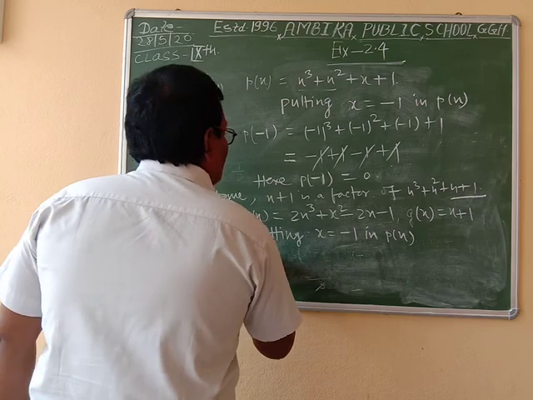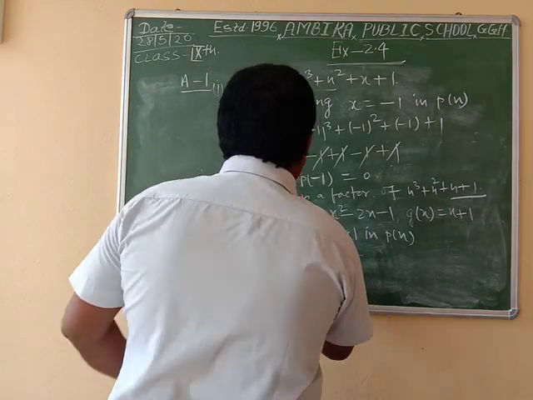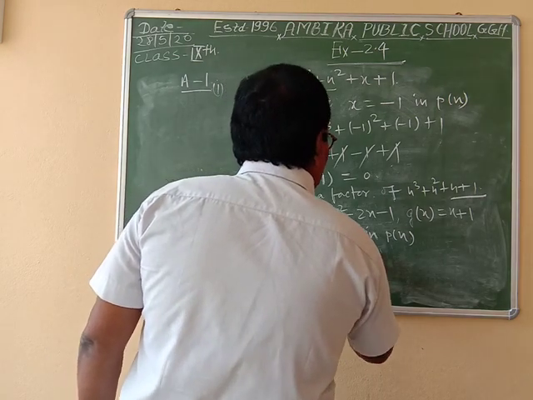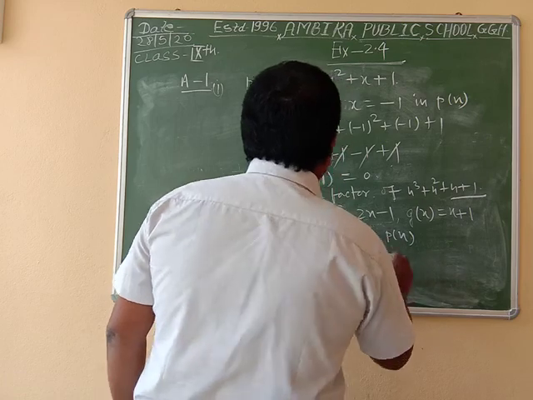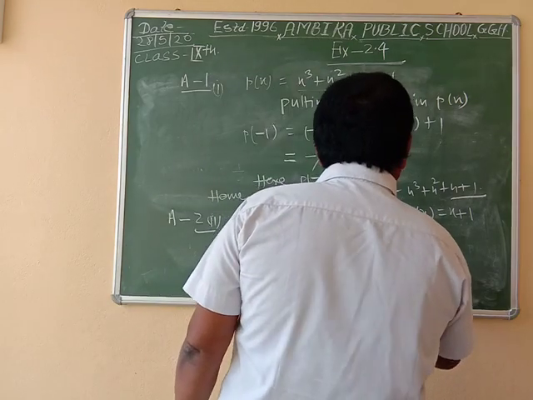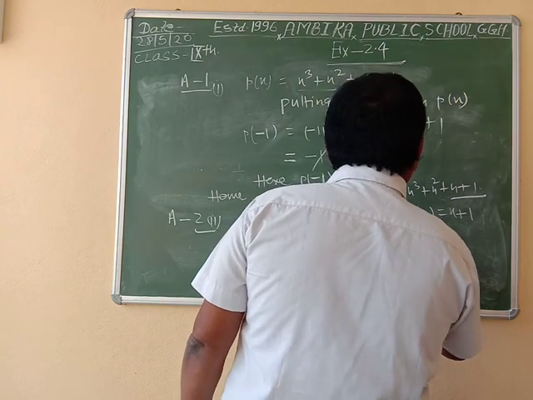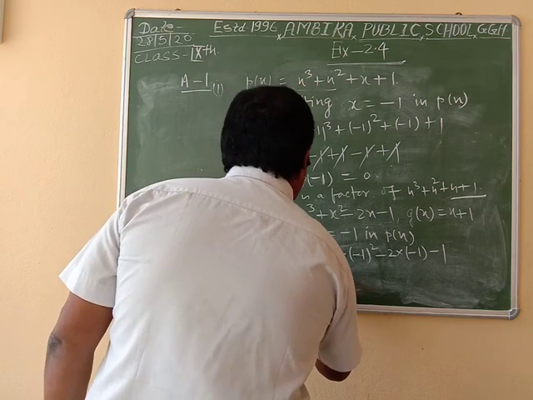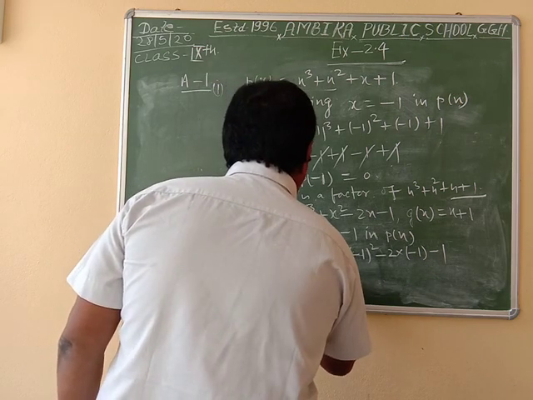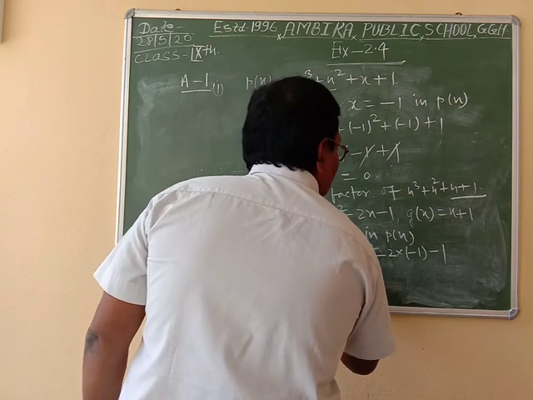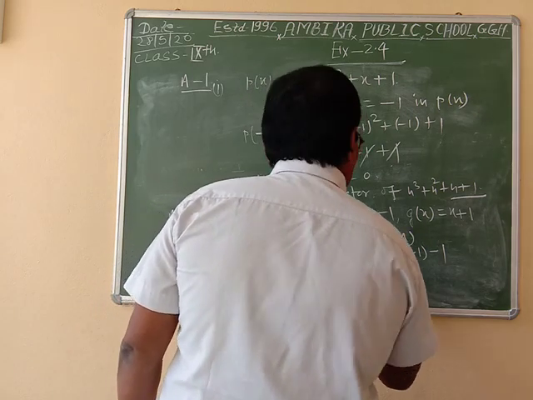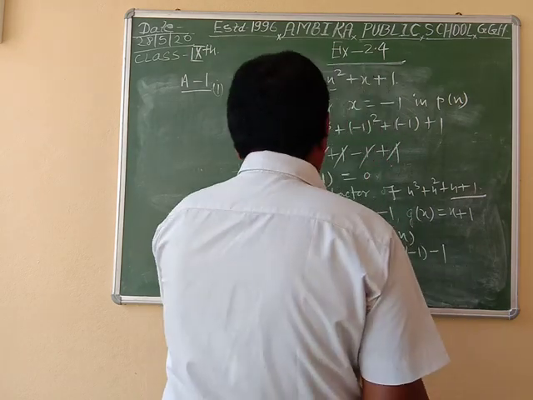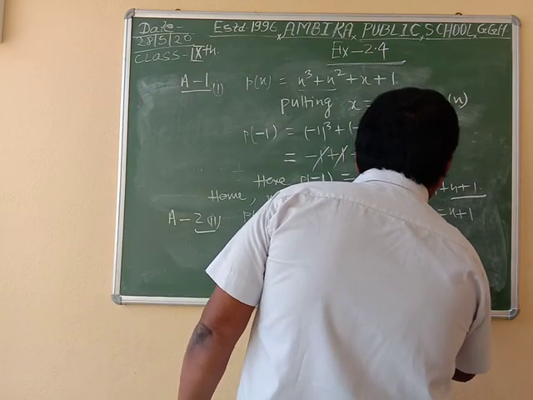P of minus 1 is equal to 2 into minus 1 cube plus minus 1 square minus 2 into minus 1, which is equal to minus 2 plus 1 plus 2 minus 1, which is equal to minus 3 plus 3.